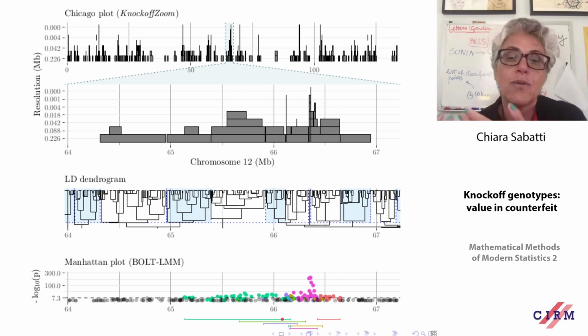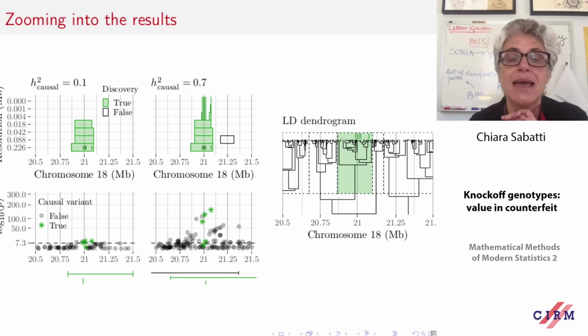So we don't know what we're talking about, where the signal is, and we don't know how specific the signal can be. To make this point clearer, let's look at a simulation, where we know what the right answer is and we can compare how these two approaches fare.